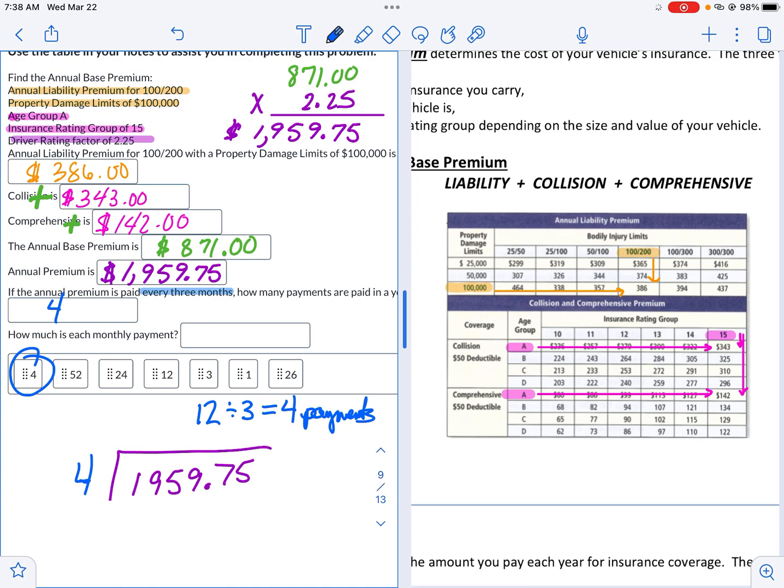And I'm going to find out that every car insurance payment I make is going to be $489.94. So I'm going to make that payment in January and in April and in July and October, and then I will have paid my car insurance for the year.